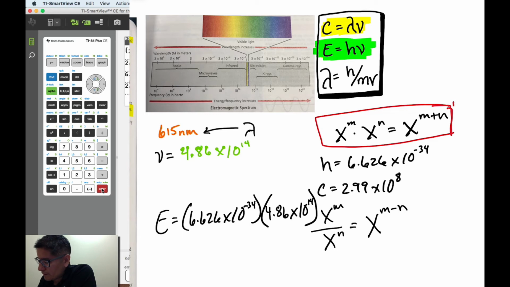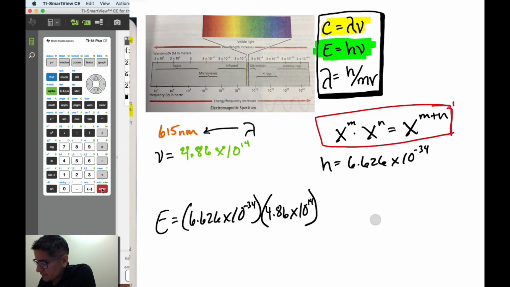Okay? Let me erase this so I can have some space. So I'm focusing on these numbers right here.